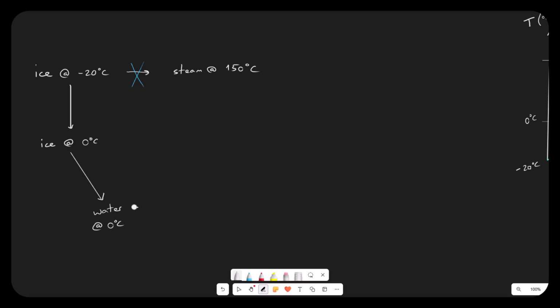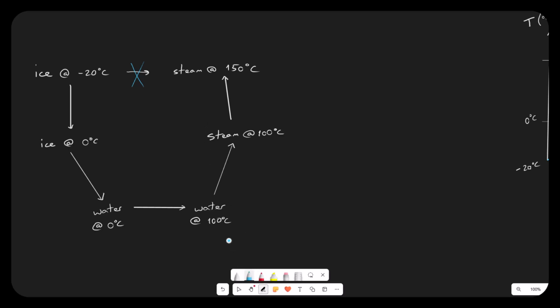Now I can heat up my water to the boiling point. I can now boil my water, but while it's boiling, my temperature is constant. And then I can heat it up to steam. So instead of doing the one step, to steam at 150, I'm going to have to do 5.